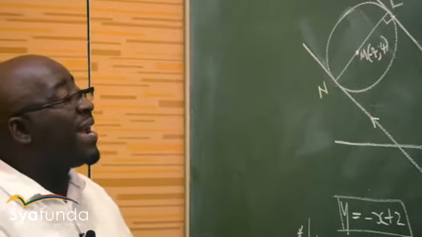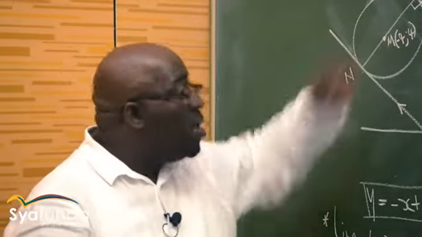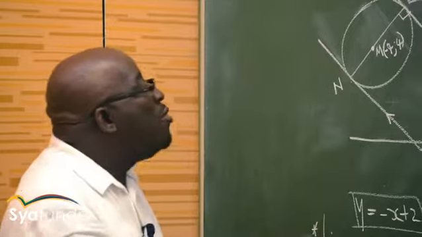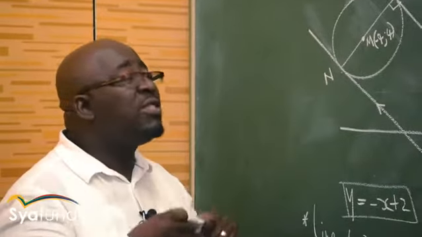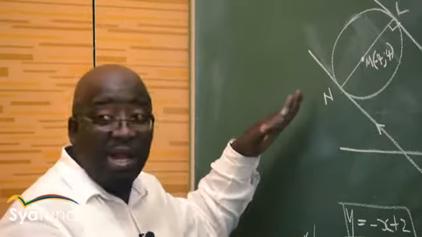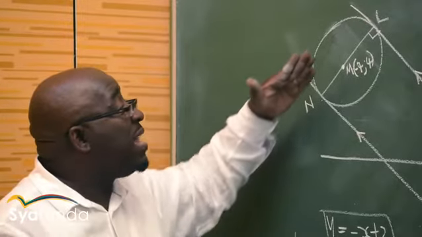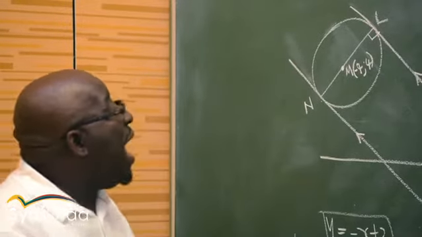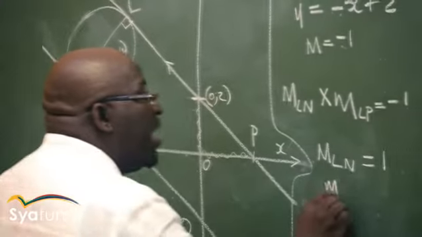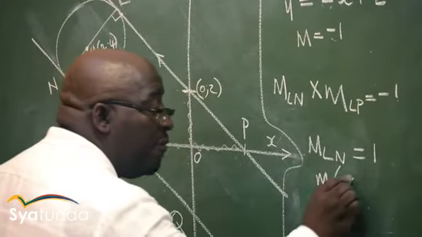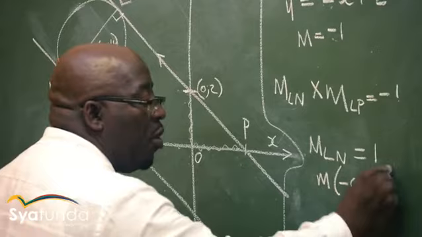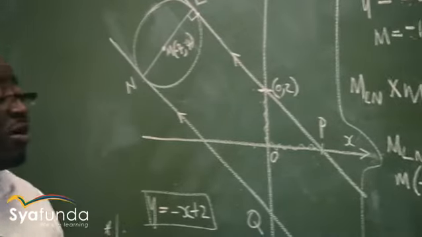So we do have the gradient now of this line, which is 1, and we also have a point on this line. We are looking for the equation of this line, so you use the point M, with the coordinates minus 4 and 4.